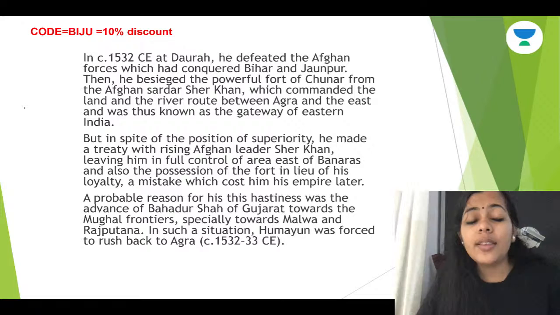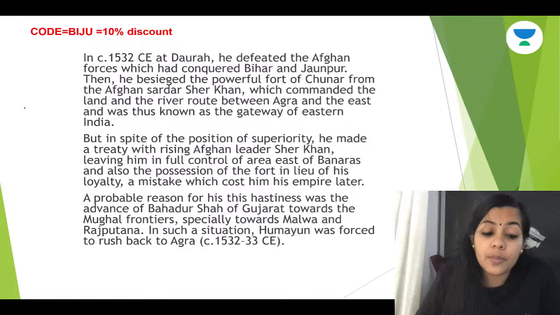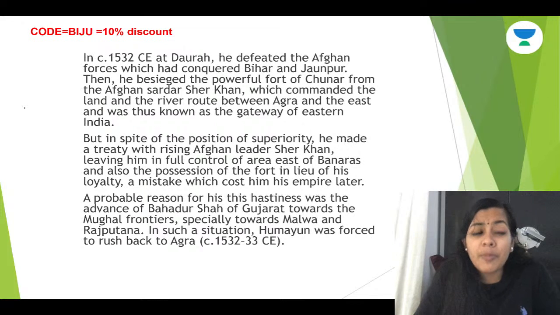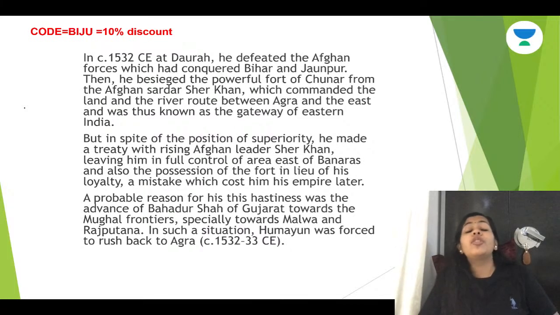See, after the Battle of Gogra, the Afghan people were not completely subdued. They were nursing the hope of expelling the Mughals. So the Afghans were waiting for an opportunity to expel the Mughals and rule again, thinking how they could overcome this power.